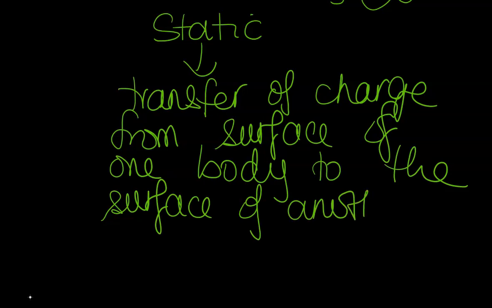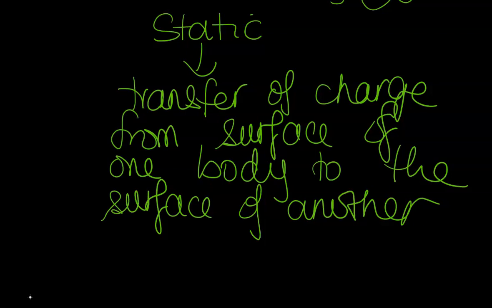Typically, for static electricity to be observed, you want your body to be insulated, because if your body is not insulated, then it can cause the charges to flow. If the charges are flowing, that is current electricity.